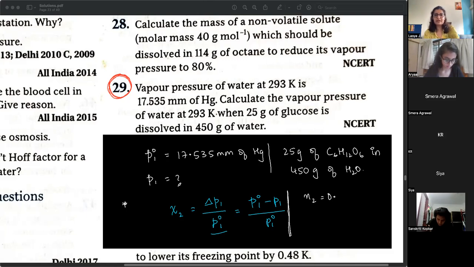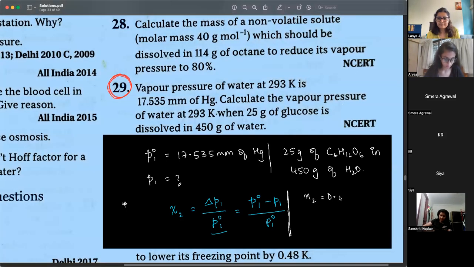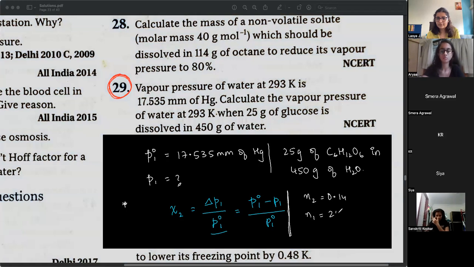Yeah, right. Around 1.4. Anyway, first I found the number of moles of glucose, then the number of moles of water, and then the mole fraction of glucose, and that is equal to 17.5 minus P1 by 17.5.